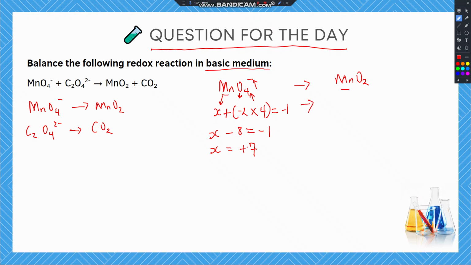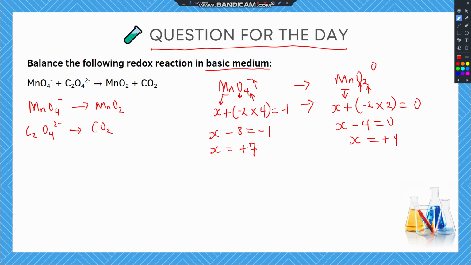On the other side, we don't know what the oxidation number of manganese is, so we call it X. X plus the oxidation number of oxygen here, which is -2 times the number of atoms of oxygen we have, which is 2, is equal to the overall charge, which is 0. So X minus 4 is equal to 0. X is equal to +4.